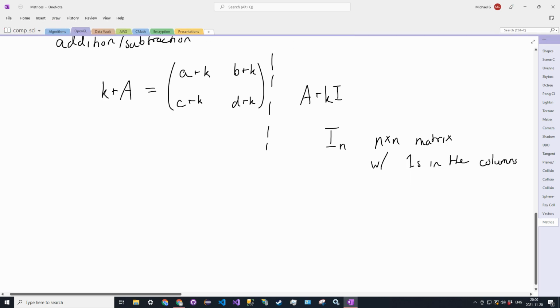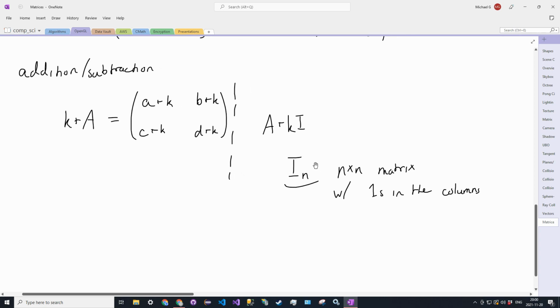We're going to look at why this is so important in graphics. This matrix right here will be where we start all of our transformations. So the second way you can think about it is multiplying the identity matrix by the factor and then adding that. So this would be matrix A plus K times I2, the 2x2 identity.